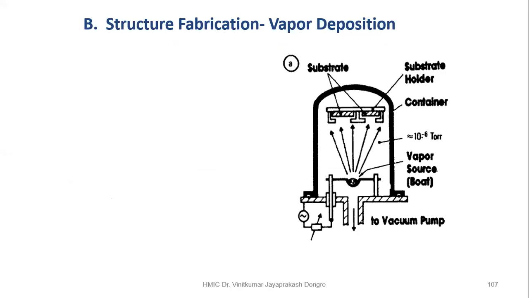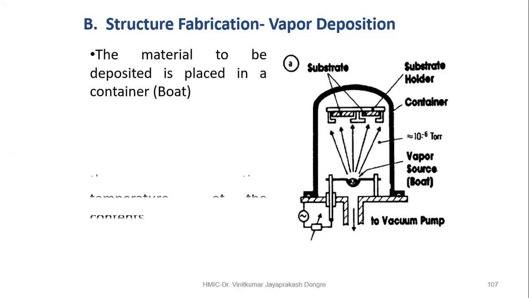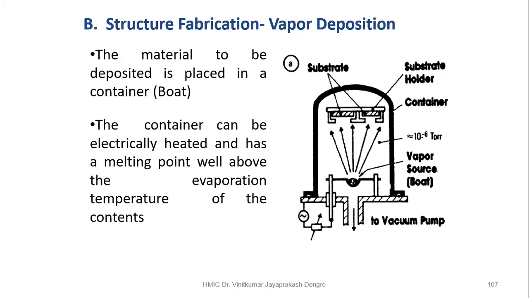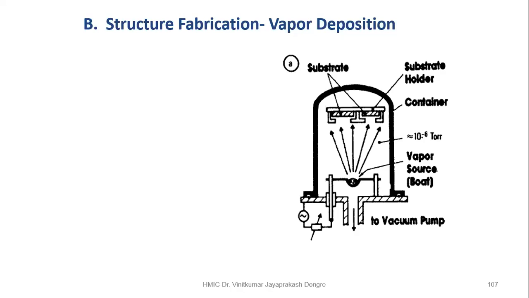Now we will go for this. The very first is vapor deposition. Now in vapor deposition, what is the thing here? Before we go further, just focus on the diagram. In the diagram, the substrate is kept on this substrate holder, where the lines are.